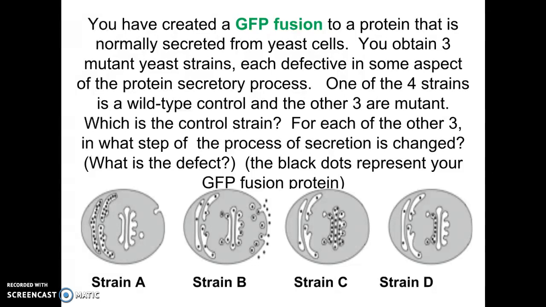The protein is accumulating in the cis side of the Golgi and not progressing through the Golgi. And the problem with strain C is the retention in the Golgi, so it's not moving from the Golgi to the secretory vesicles.